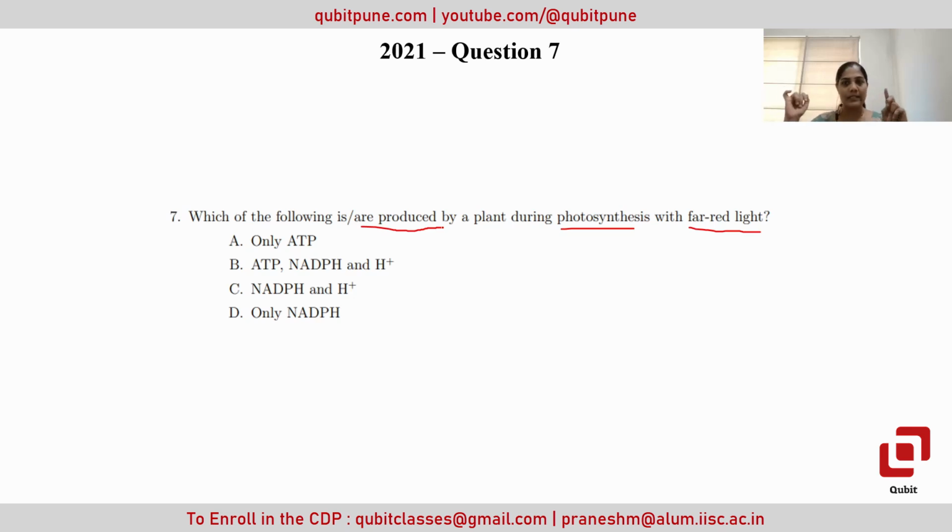If the question were about just red light, then we could say both systems would work: PS2, which has the absorption maximum at 680, and PS1 at 700. In non-cyclic photophosphorylation, three products are formed: ATP, NADPH, and oxygen. That is the product formed during non-cyclic photophosphorylation, where both photosystems are involved. Here we are referring only to far red light, so only PS1 will be involved, and that will be only for the generation of ATP. So option A will be the correct one.